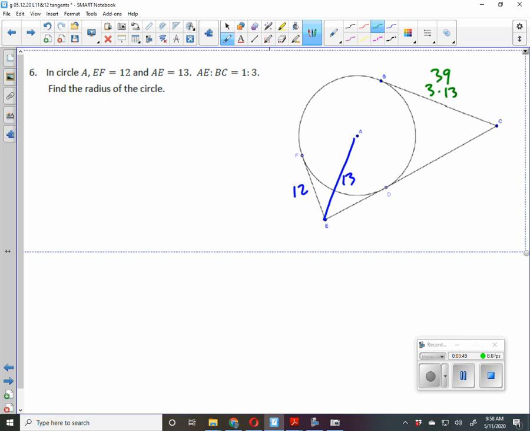Find the radius of the circle. Now they gave us more information than we needed. That's the interesting part. We didn't need that 39 business, but we'll work with it. If I draw in a radius here, we saw that this was going to be a right angle. That's always going to be the case. This looks like a 5, 12, 13 Pythagorean triple, so the radius has to be 5. You can prove that with the Pythagorean theorem also.